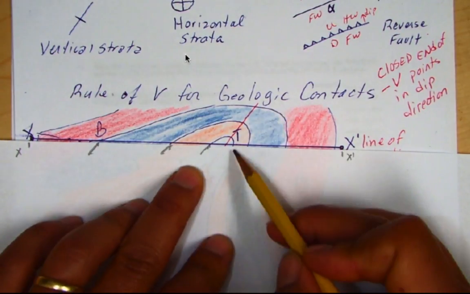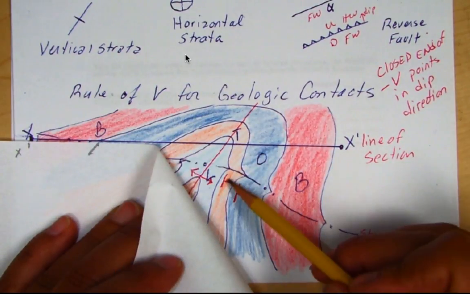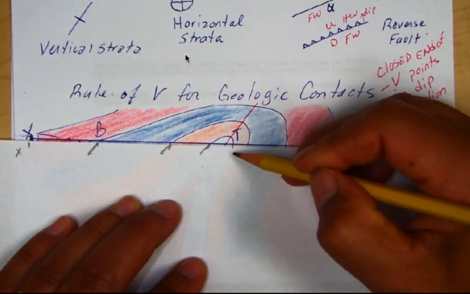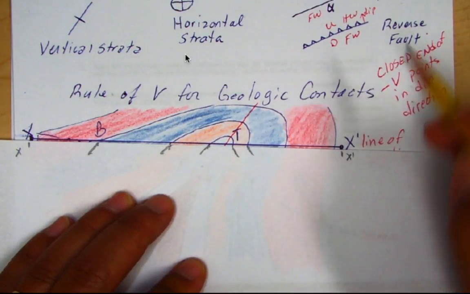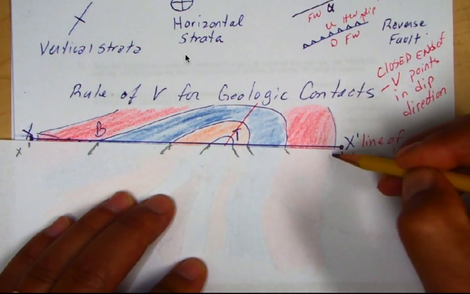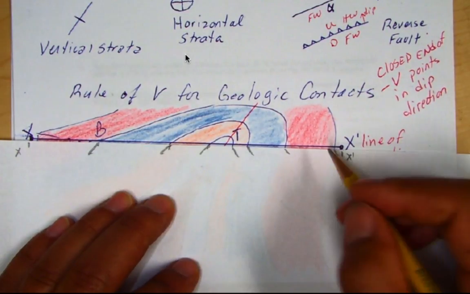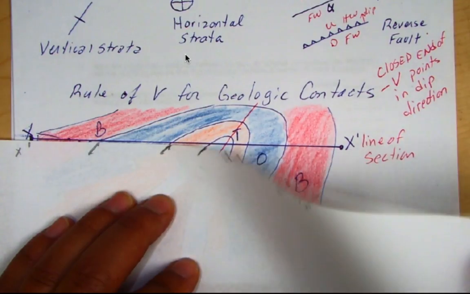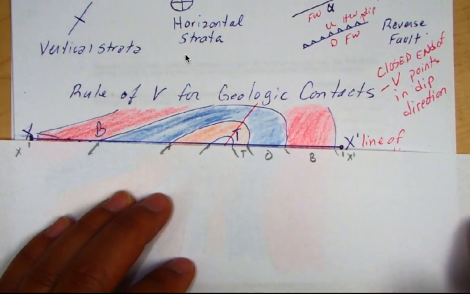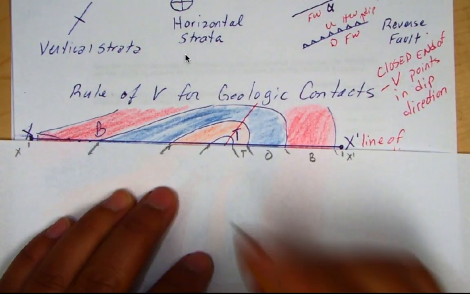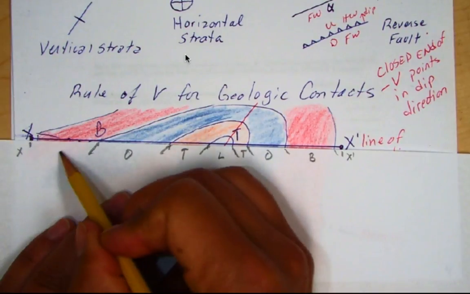But now when I go to this contact, I see that these are dipping off toward the east, so these are going to dip off this way, and this contact's also going to dip off toward the east, and so are these other ones here. So now I'm seeing my contacts. This is formation B, this is formation O, here's formation T, this one in the middle is formation L, and then I have T again, O, and B again.